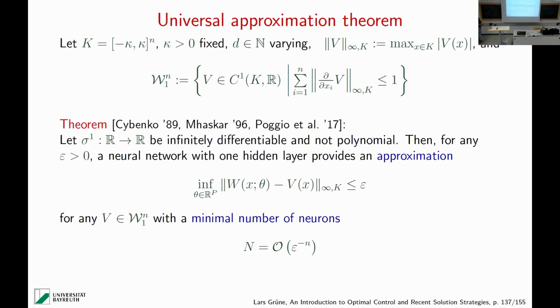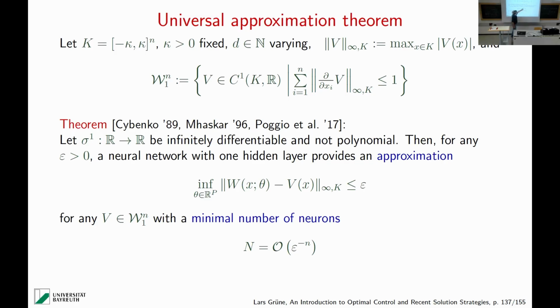And then the universal approximation theorem, this is a blend of 3 of these theorems that appeared from the late 80s until a couple of years ago, says: if we have a neural network with 1 hidden layer, so we saw 2 before, we need just 1, and sigma should be a function which is infinitely differentiable and not a polynomial, then for any epsilon greater than 0, there exists a network structure which provides the following approximation.